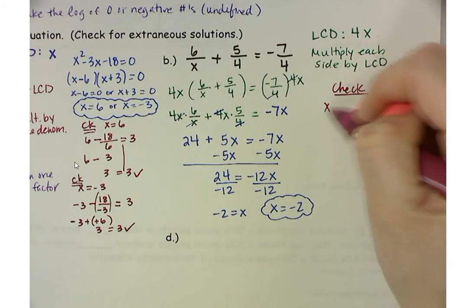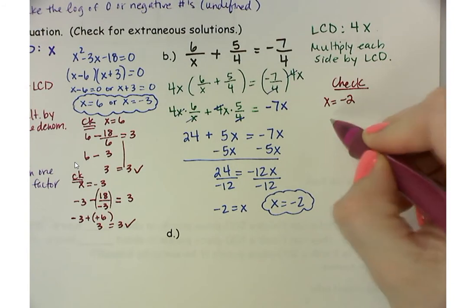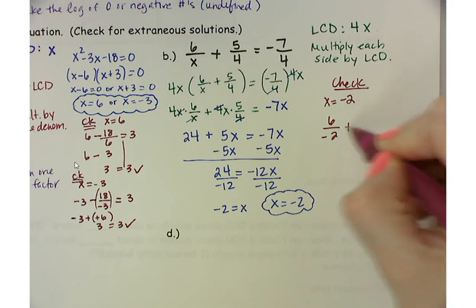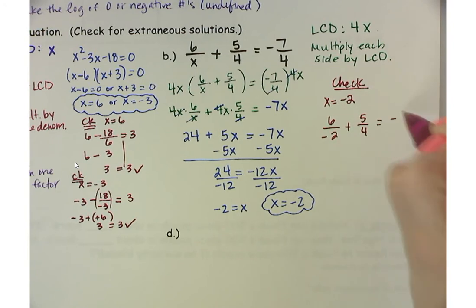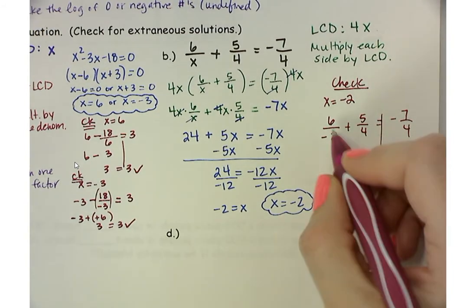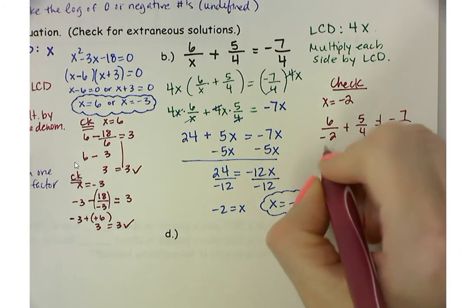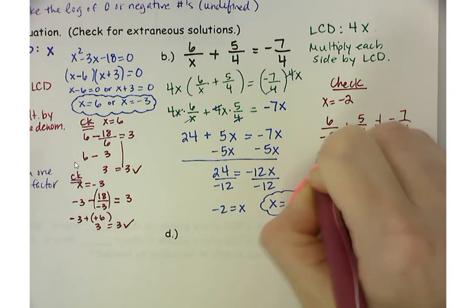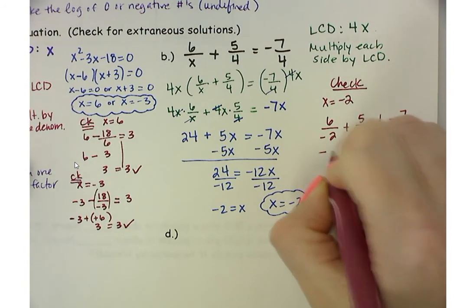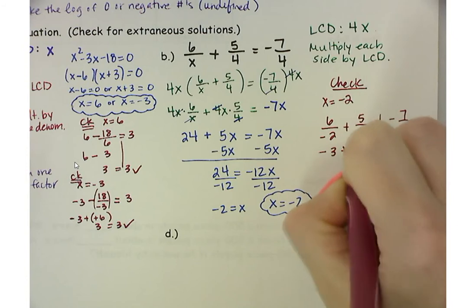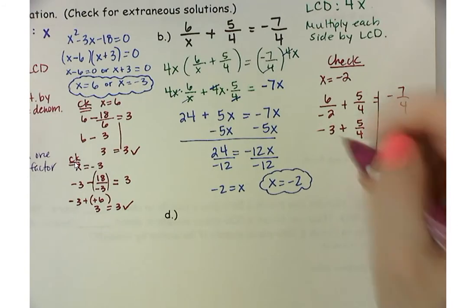If you want, you can also just get your LCD then. So if I want the denominator to be 4, this would be negative 12 over 4. That would be negative 3. Negative 12 plus 5 is negative 7. So negative 7/4 would equal negative 7/4.